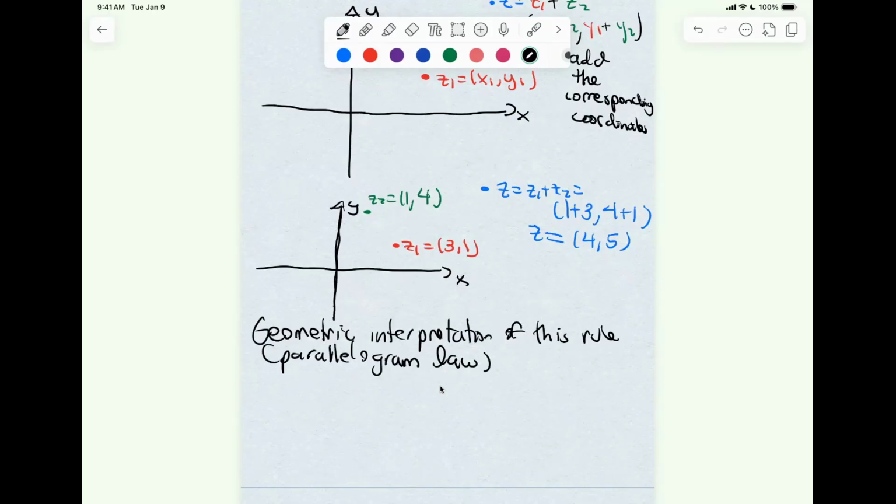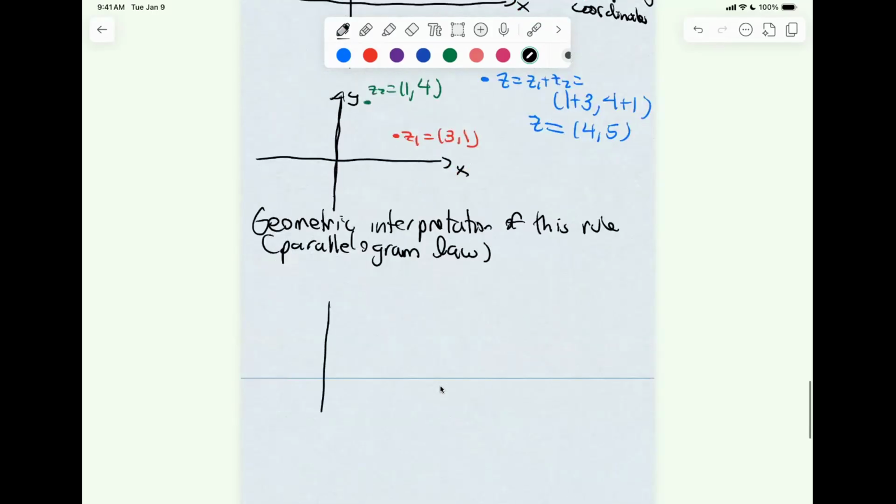It says the following. If you had this point Z1 and this other point Z2, let me see if I can draw them a bit better. Okay, let's put this one here, Z1, and this point Z2. To think about the sum more geometrically, you can draw an arrow that starts from the origin and terminates at a given point.